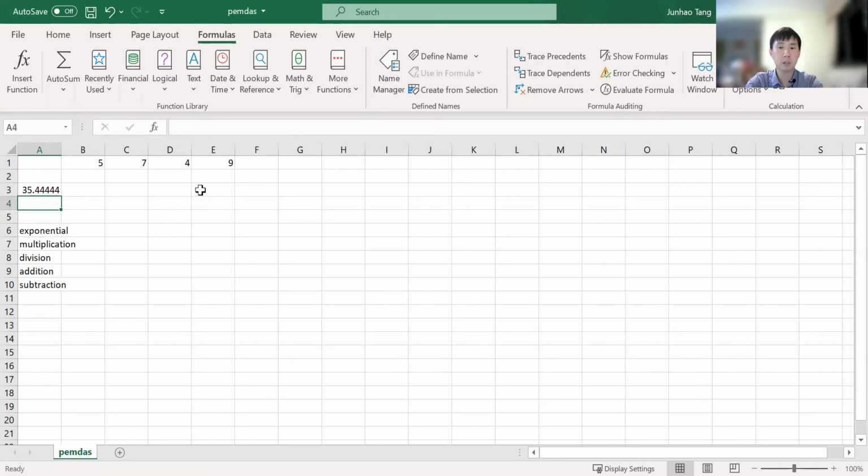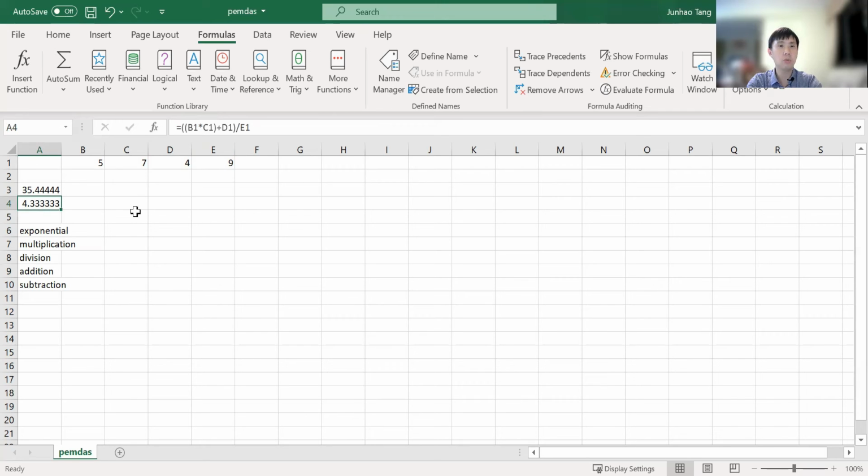The correct answer should be 5 times 7 plus 4, and this whole thing divided by 9. So this should be the correct answer, 4.3 and not 35.4.